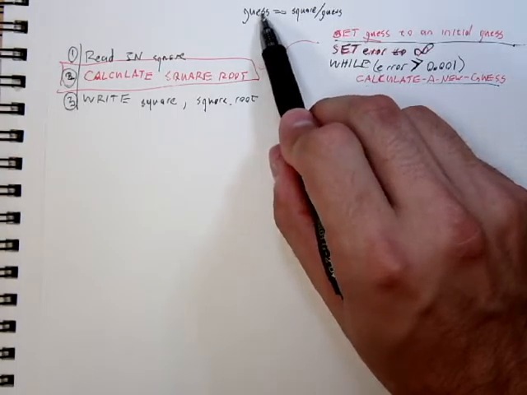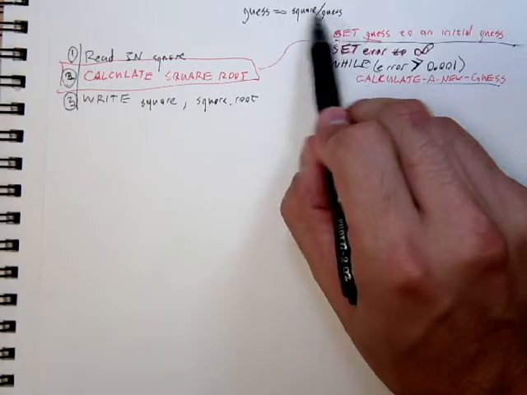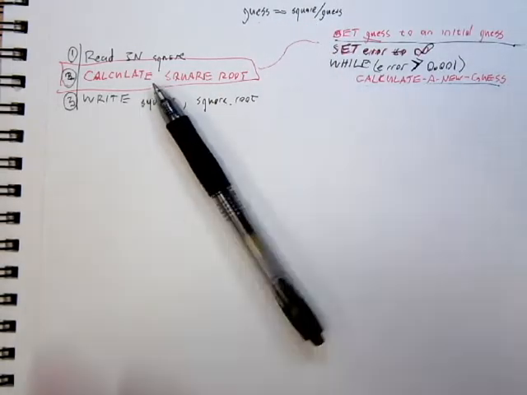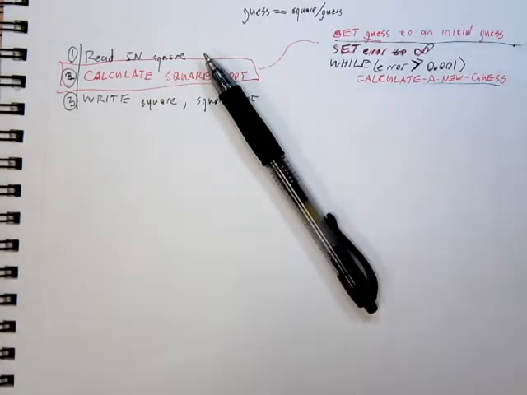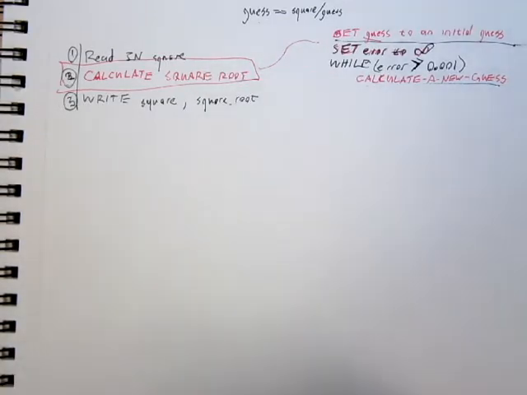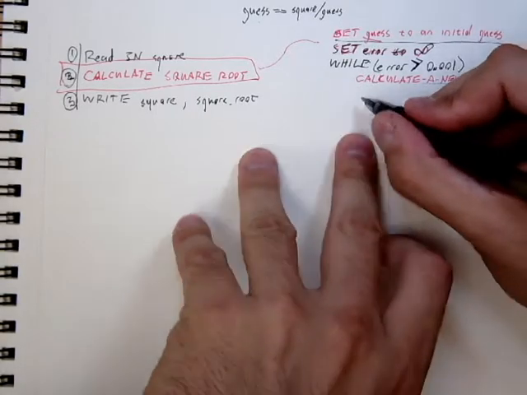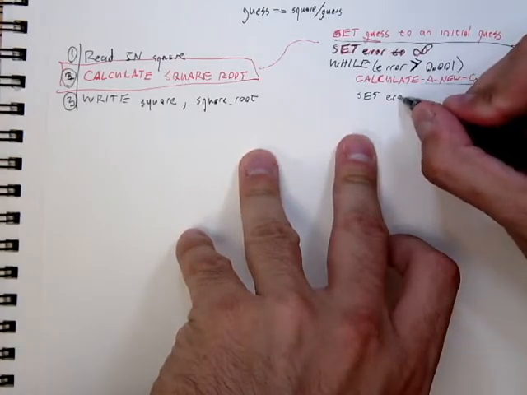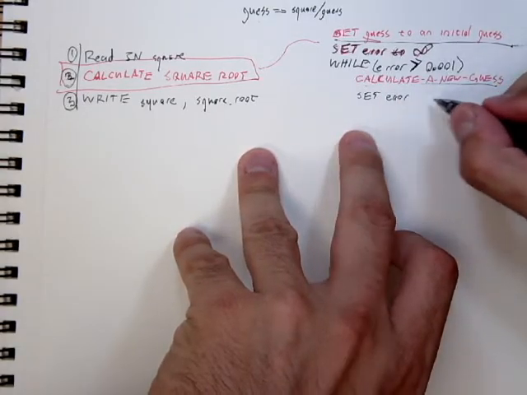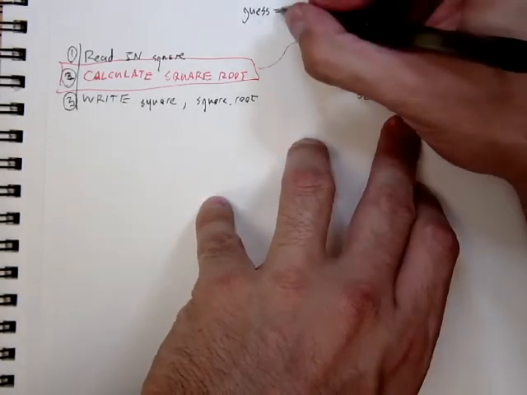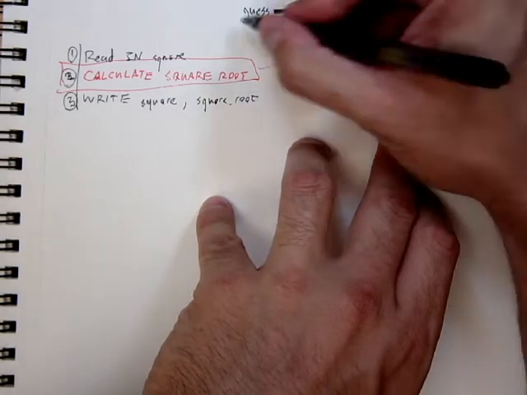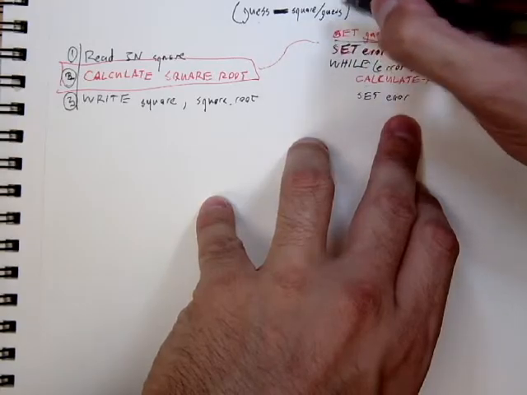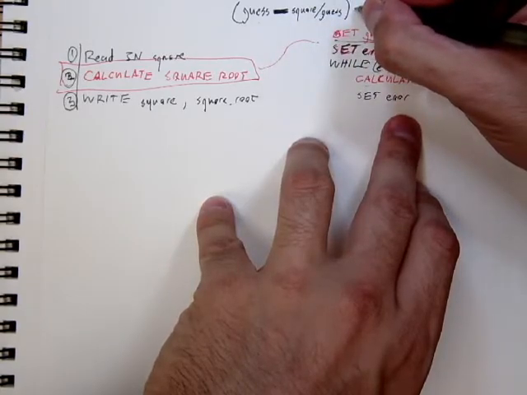If they're different, then however much their difference, that's a good estimate for how far off our guess is, right? This is a little bit different than the way your book determined the error, but I'm going to set the error equal to the magnitude. So if I take guess minus square over guess, that should be equal to 0, right?